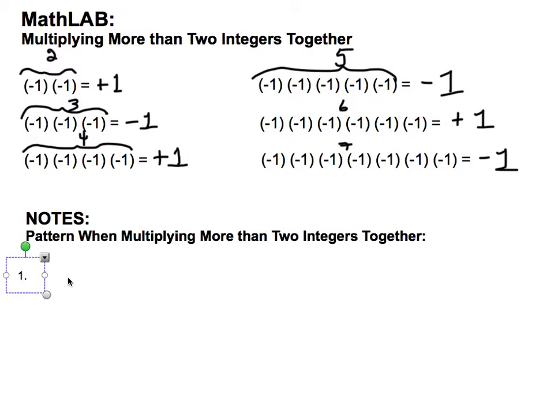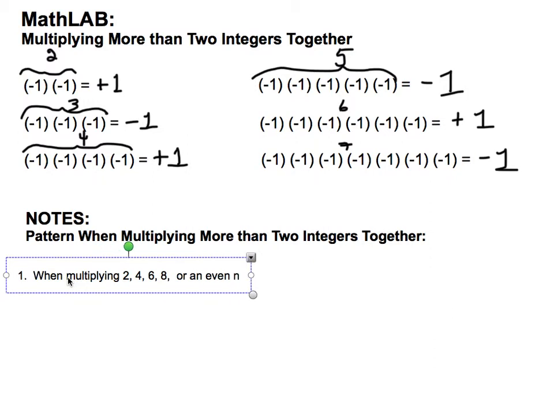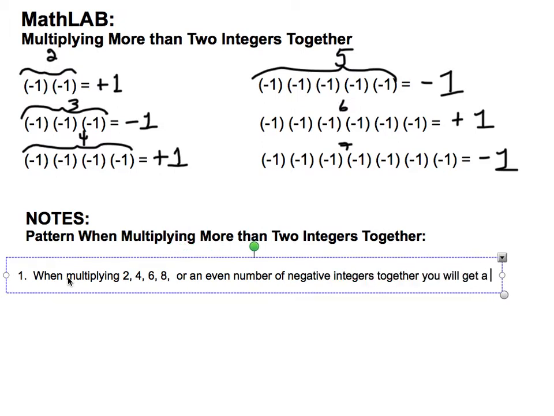Rule number 1: when multiplying 2, 4, 6, 8, or an even number of negative integers together, you will get a positive product.